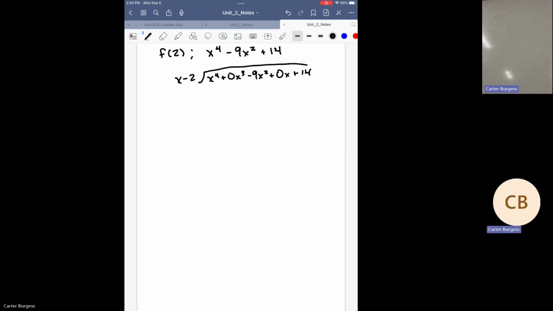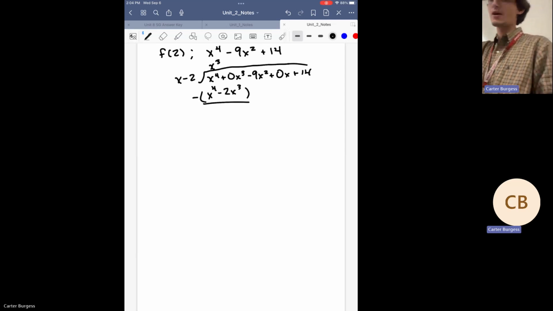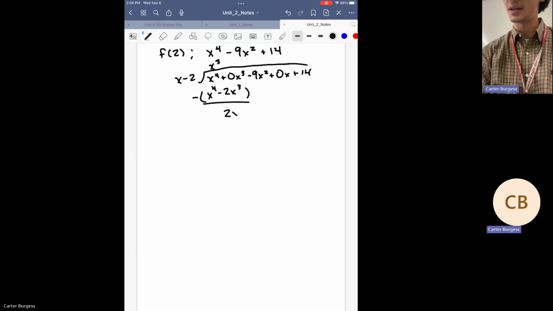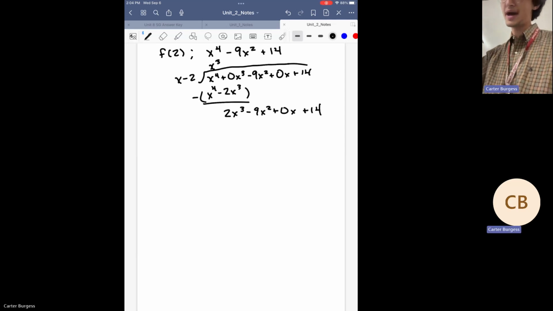How do I match x to the 4th? X cubed. So I get x to the 4th minus 2x cubed. We are subtracting this. 0x cubed minus negative 2x cubed is going to give me positive 2x cubed, dropping everything else down. How do I match x to 2x cubed?